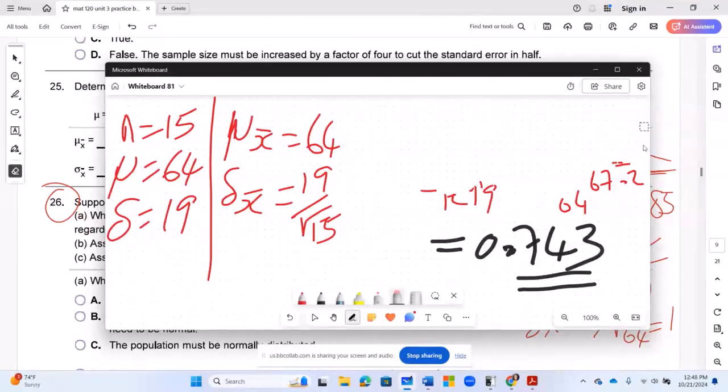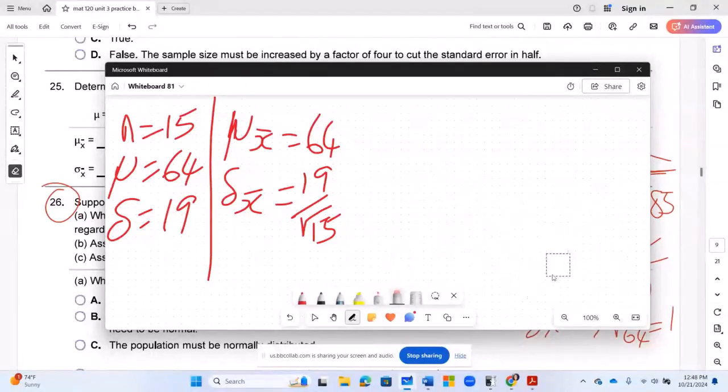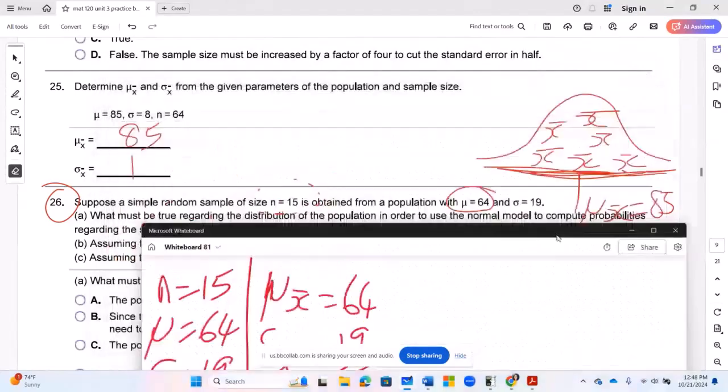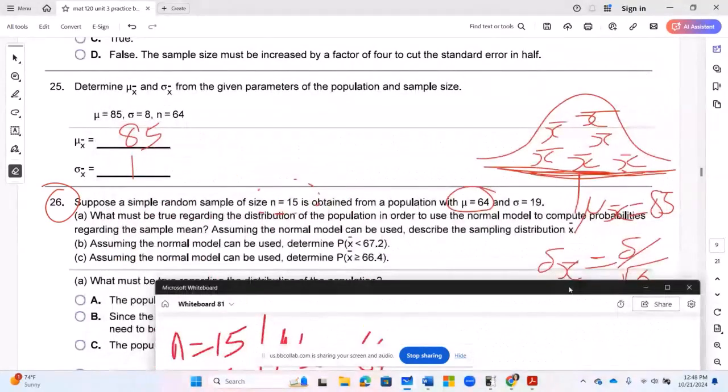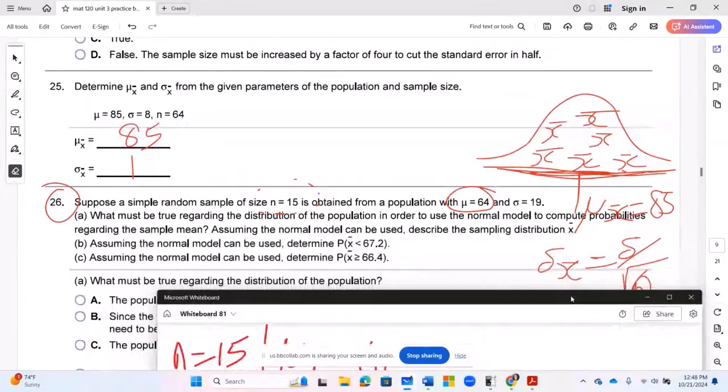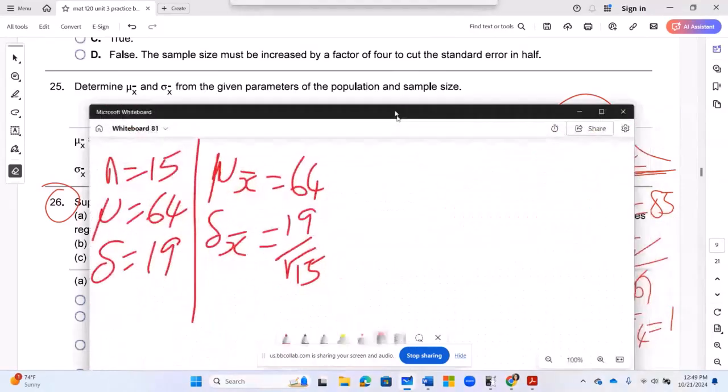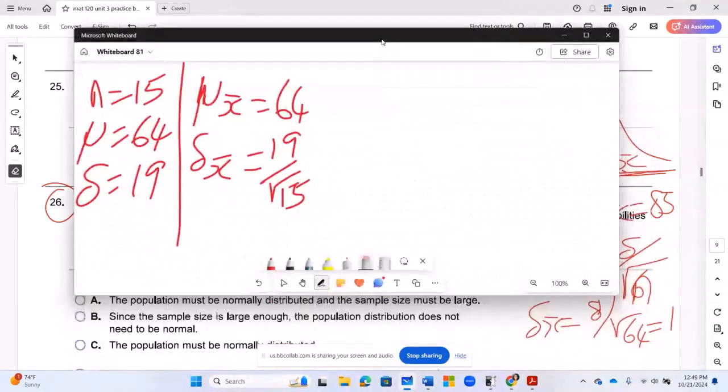So I'm going to draw a normal curve and show the area from 66.4. Note that we are looking for area to the right. Find the probability. I hope you know that this is probability. Find the probability that the random variable is greater than or equal to. So you're looking for area to the right this time. Area to the right is not percentile.